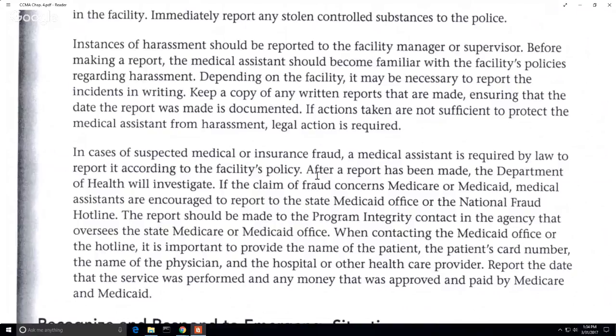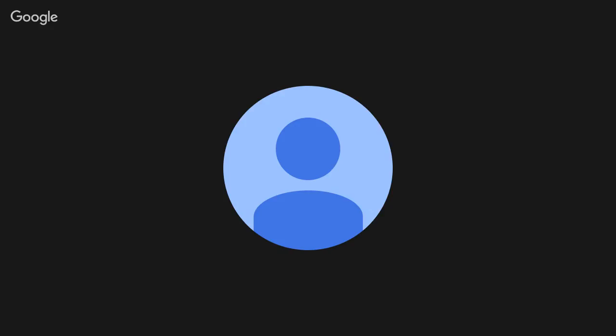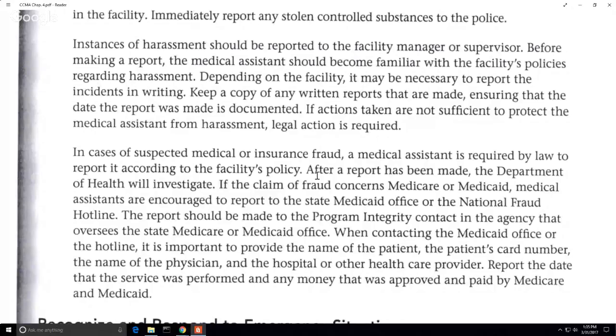So why would they get the discrimination lawsuit? Because harassment comes under discrimination. If somebody is harassing you and you tell them and they don't take any action, that means they are with them. They don't care. Then you can have a lawsuit against them.